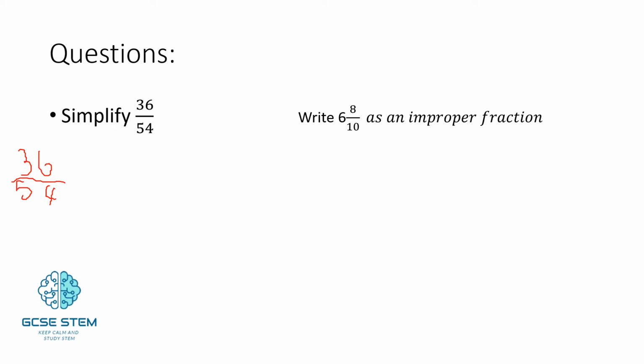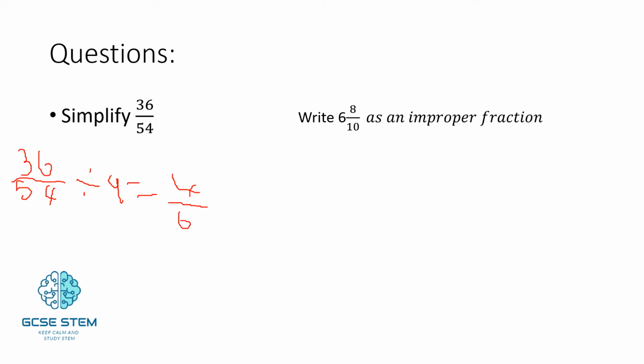There is in fact a larger number that can go into both 36 and 54, and it's 18. But let's just use 9 as an example because it's what most of you would have got. 9, if we divide 36 by 9, you would get 4 on the numerator, and on the denominator we would get 6.